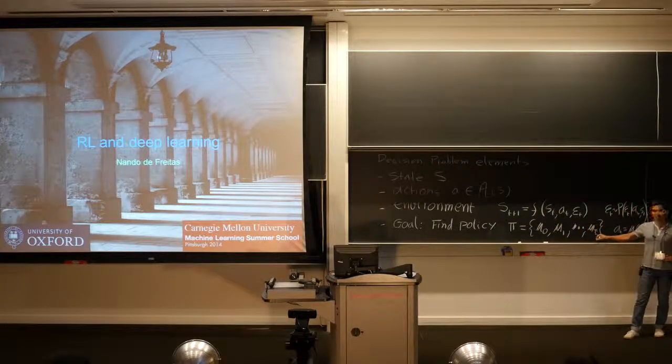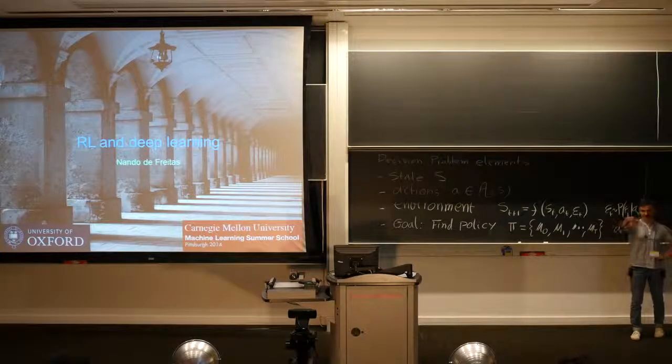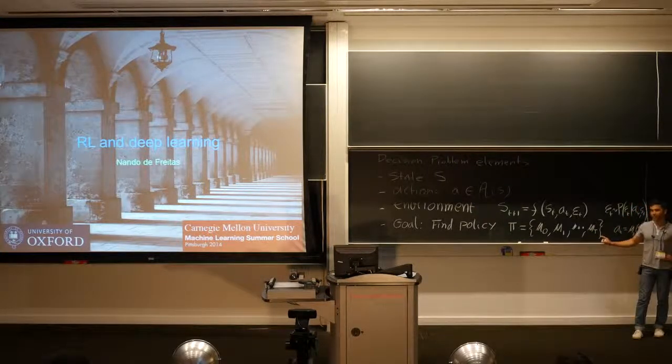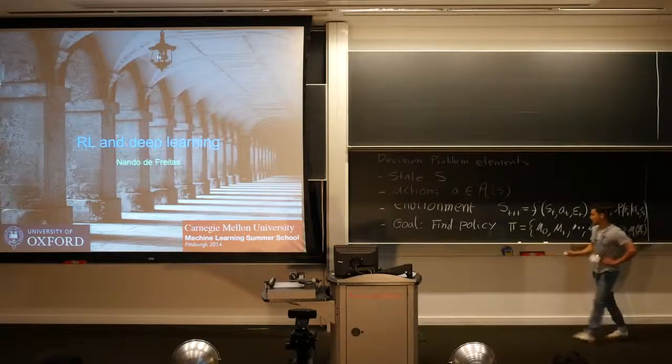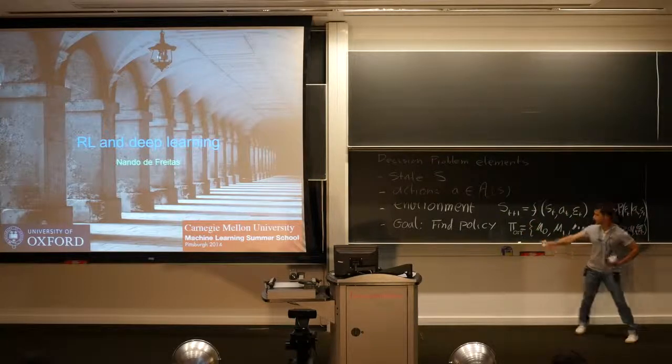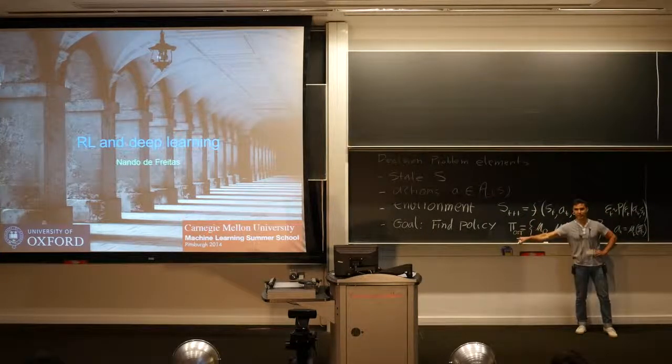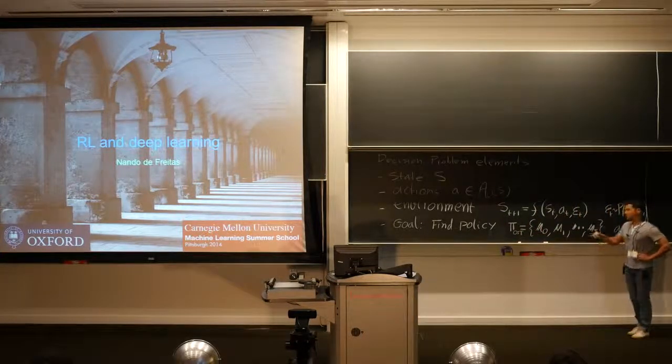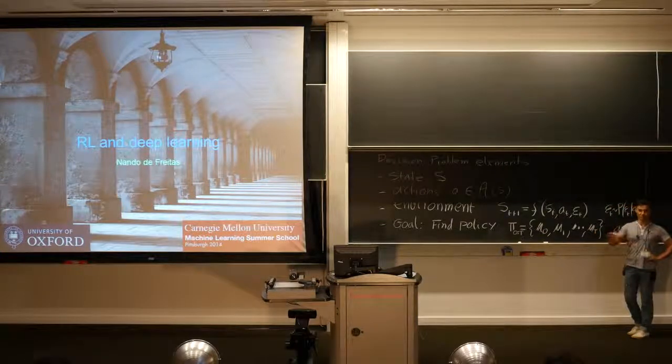In this case, the decision problem goes up to T steps into the future, and so this is called a finite horizon problem, with the horizon here being capital T. I will use this MATLAB or Python notation. It's very common, and so pi naught to T refers to pi naught, pi 1, and so on.